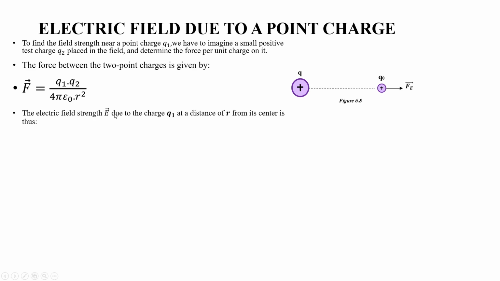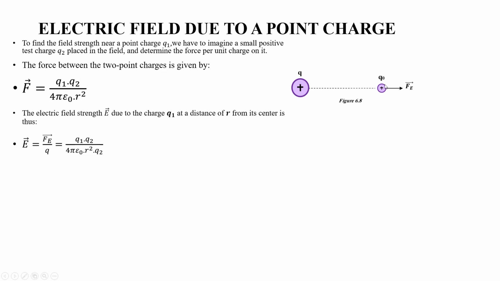The electric field strength due to the charge Q1 at a distance r from its center is thus E, electric field, equal to electric force divided by unit charge. And by putting the value of the electric force, it is equal to the product of two charges divided by 4 pi epsilon naught multiplied by the square of the distance, divided by charge 2, that is Q2.